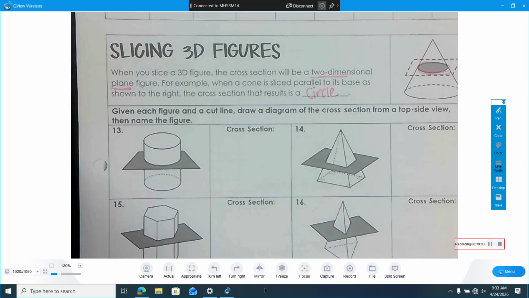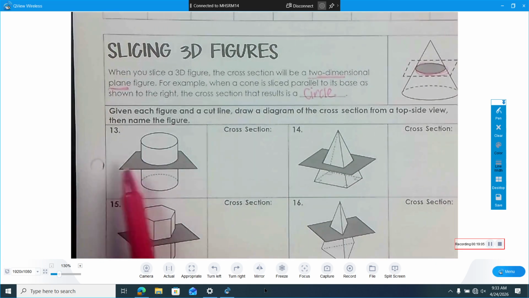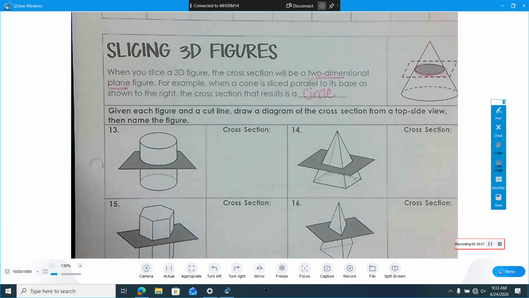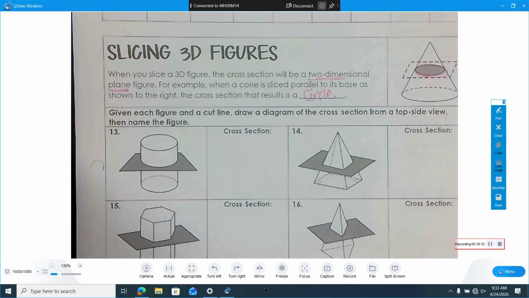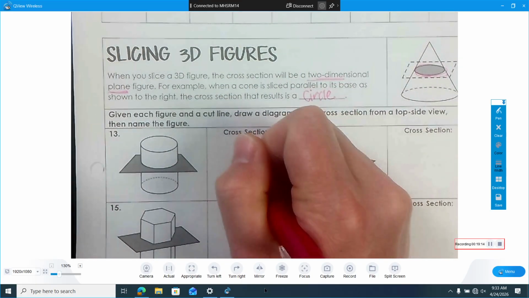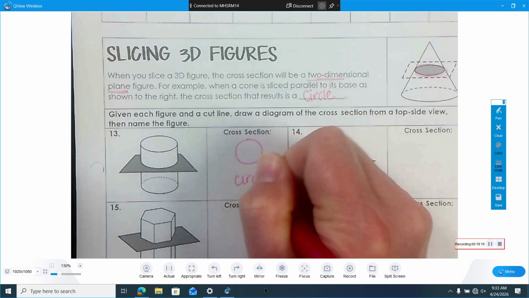On number 13, we have a cone. If this is my knife and it's cutting through that cone and you pick up the top, what shape would you see? A circle. So we're going to draw a circle.